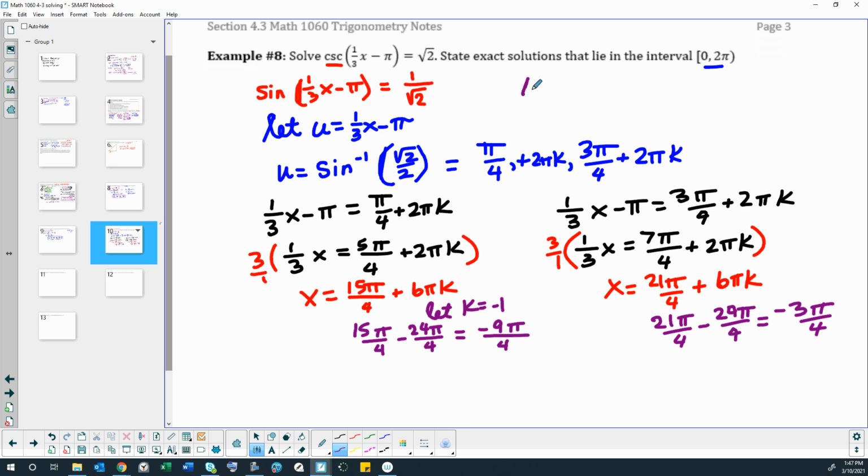There are no solutions in 0 to 2 pi. There are other solutions that are lower than 0 or bigger than 2 pi, but there are none from 0 to 2 pi.